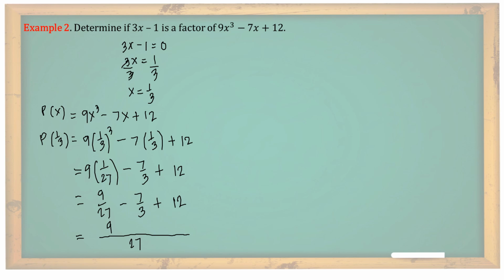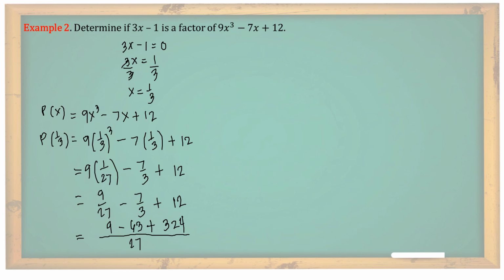Diba? 27 divided by 3 is 9. 9 times 7 is 63. Plus 27 divided by 1 is 27 times 12. 27 times 12 is 324. Okay, 324. So, simplify this one.